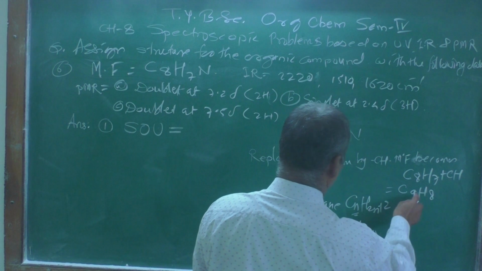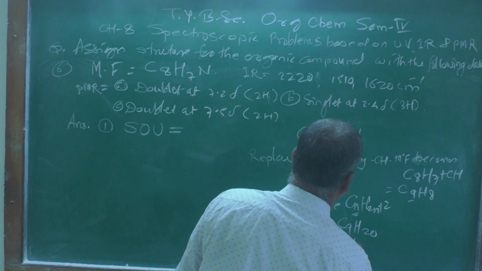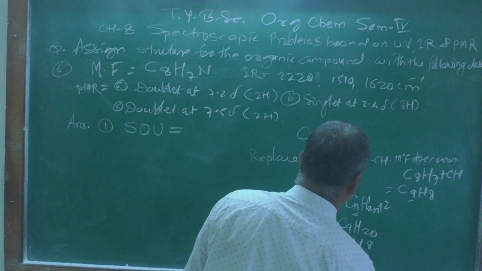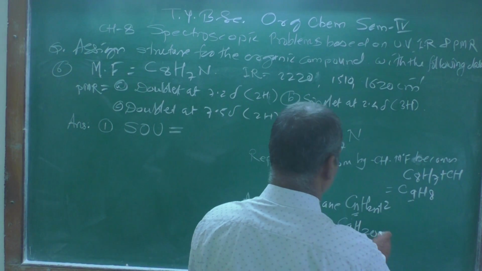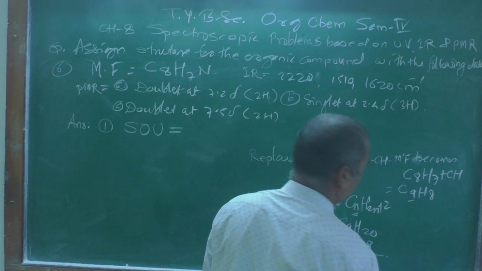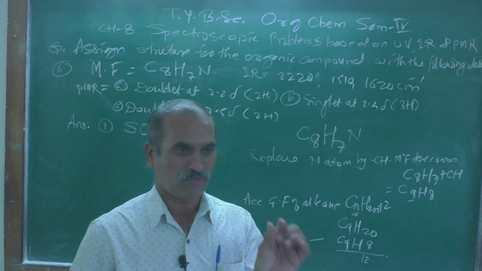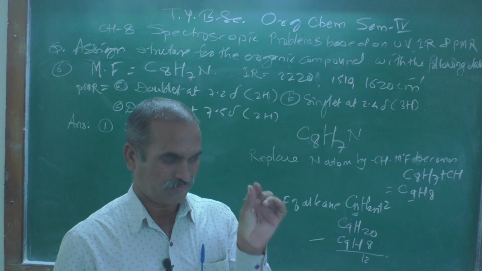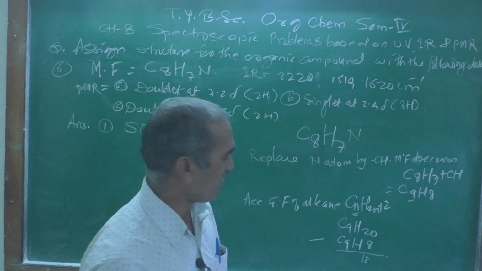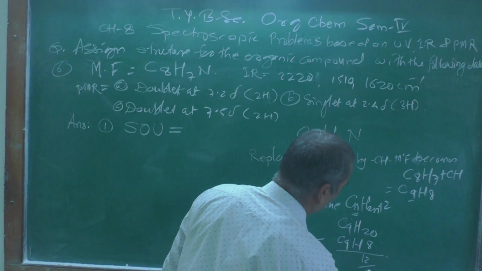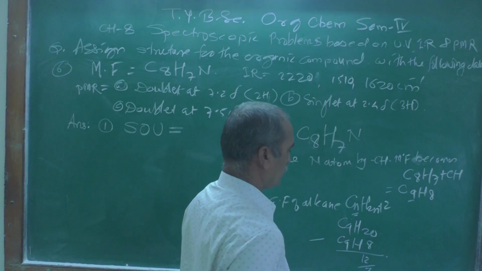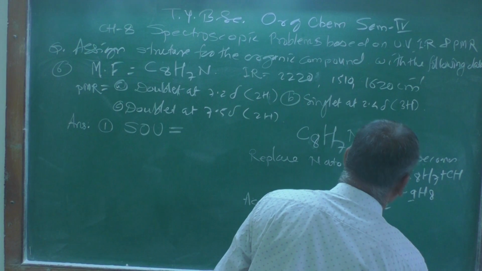Now substitute C9H8, so the difference is 12. The 12 is divided by 2, and I already told you the reason for 2. Then the answer would be 6.